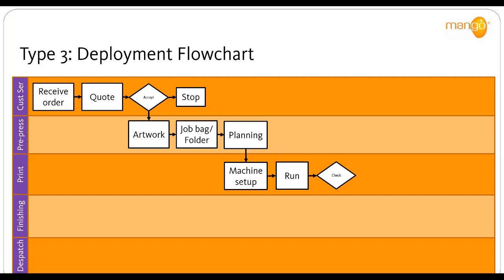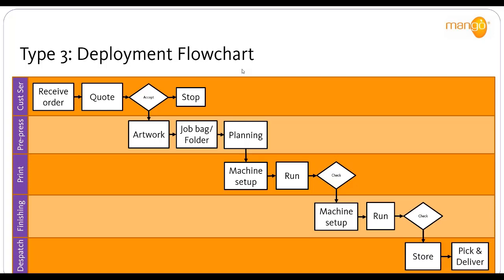They run the job, and there's various checks that are done along the way, and if the checks are good, then it goes off to the finishing department who run the job. Checks are made, finally into dispatch. The check, if it's all good, product goes into store, and then it's picked and delivered. So that's a deployment type flowchart, very popular.